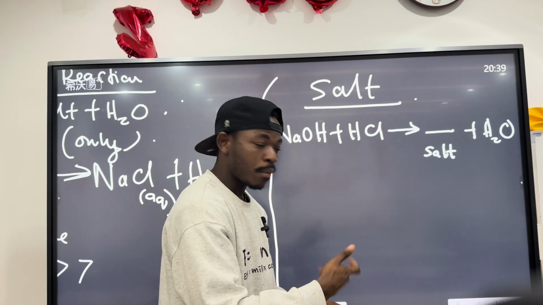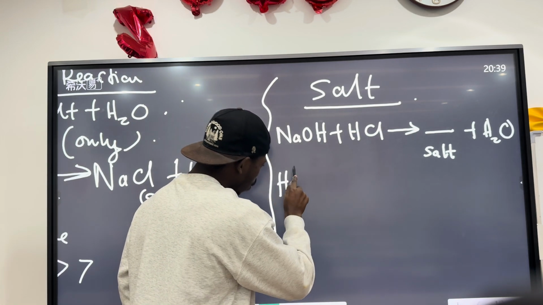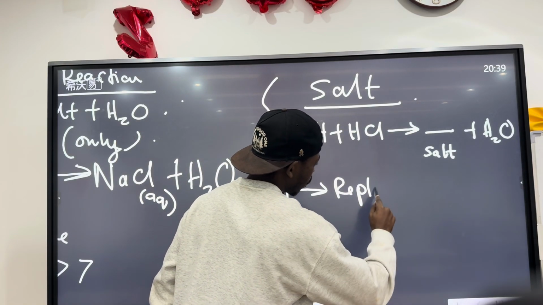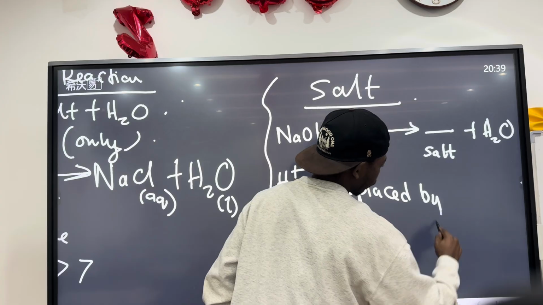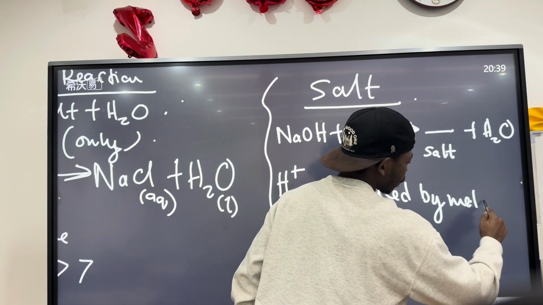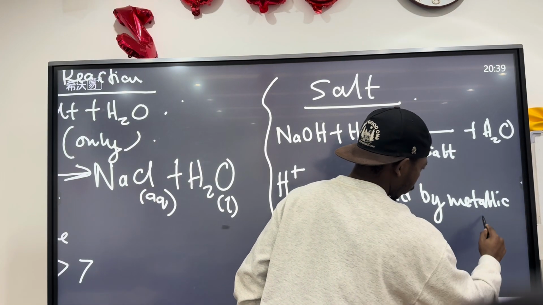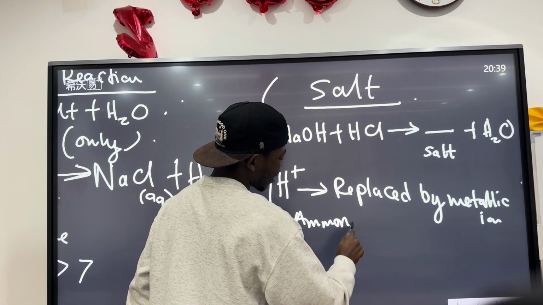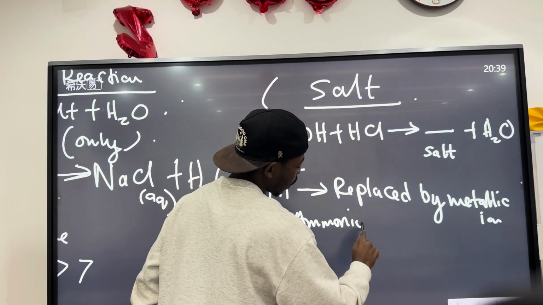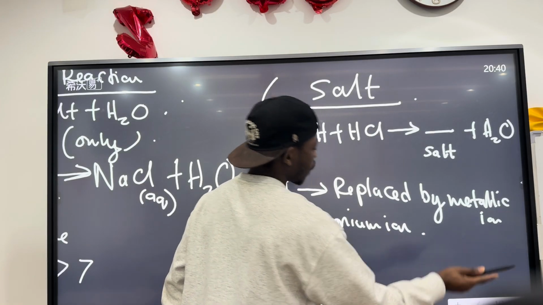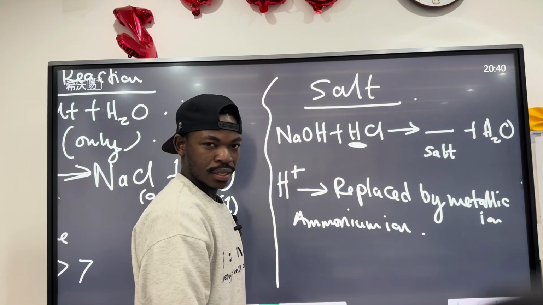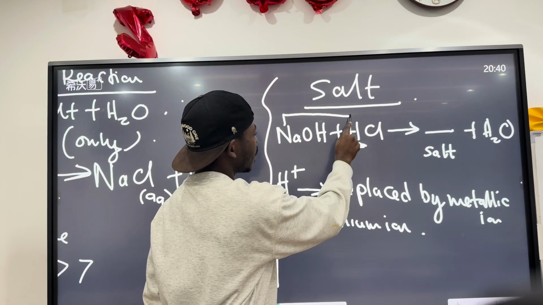A compound formed when the hydrogen ions of an acid are replaced by the metallic ion or ammonium ion. You understand why I'm indicating ammonium ion there. Once we replace the hydrogen ion, we want to replace it with the metallic ion.